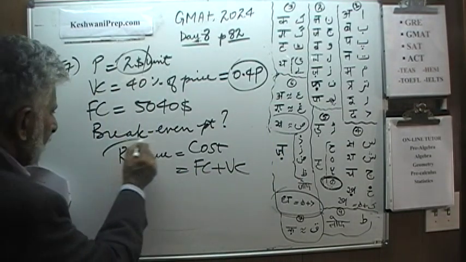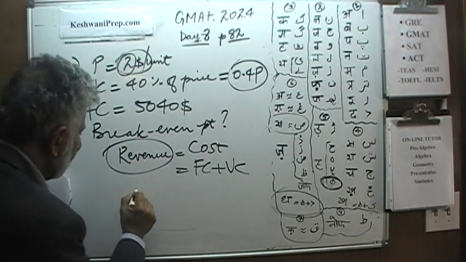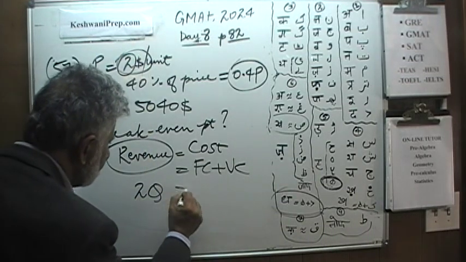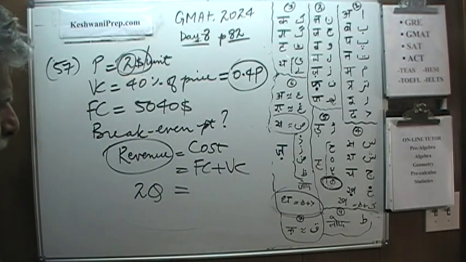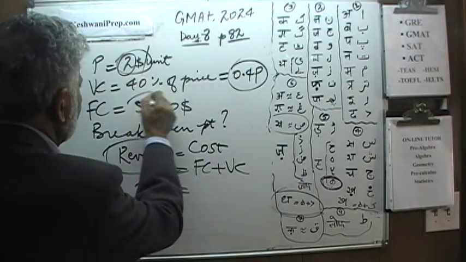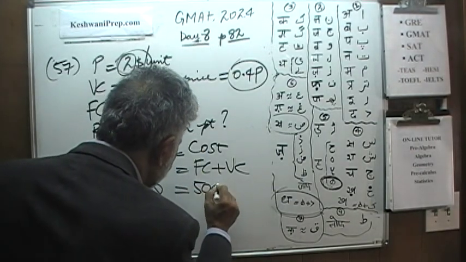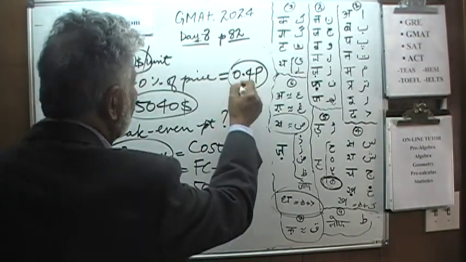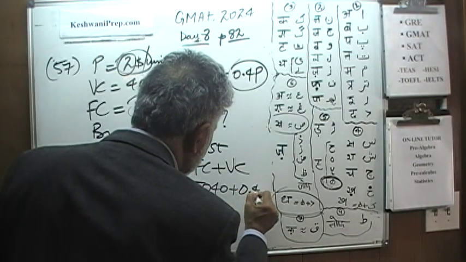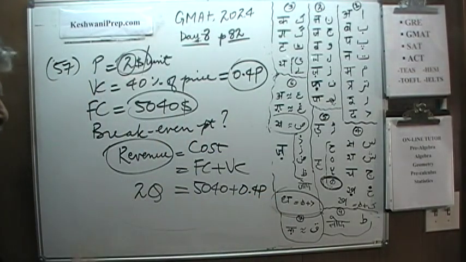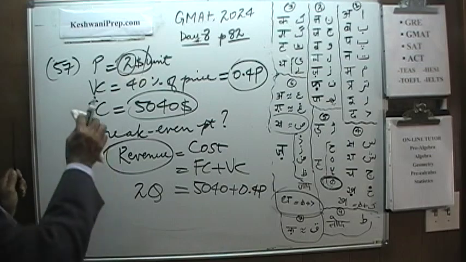The revenue that we're going to get is $2 per unit, and we're going to sell Q units, Q for quantity. The fixed cost is $5,040. And the variable cost is 0.4 times P. We just have to solve this equation. I'm going to continue on the top.